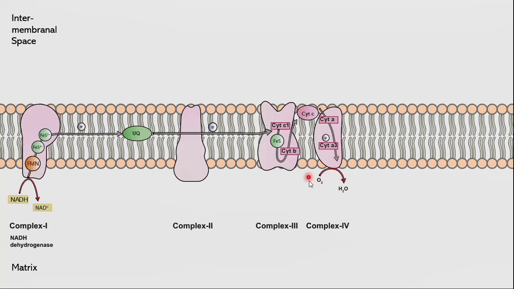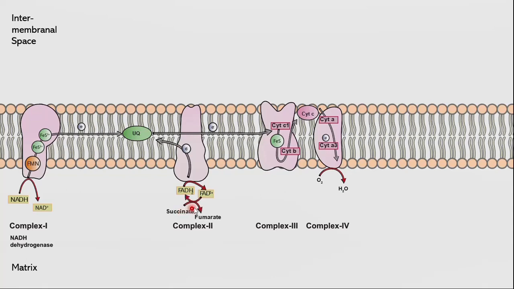Till now, we have not talked about complex 2. Complex 2 does not directly transfer the electron. It takes the electron from FADH2 and transfers them to FAD. These electrons are then transferred to ubiquinone, that is the mobile electron acceptor, and then on to complex 3. FADH2 is basically produced from the conversion of succinate to fumarate during Krebs cycle.